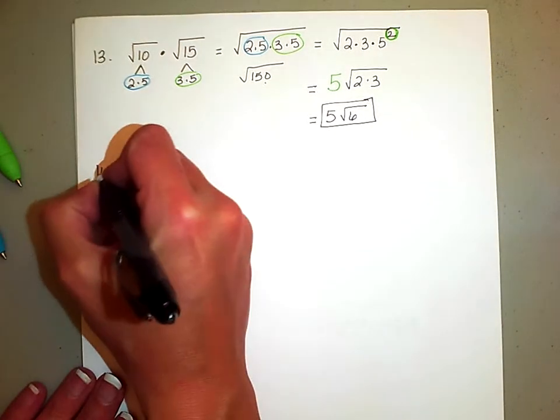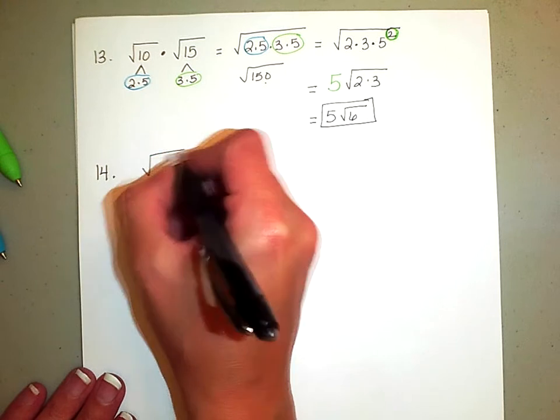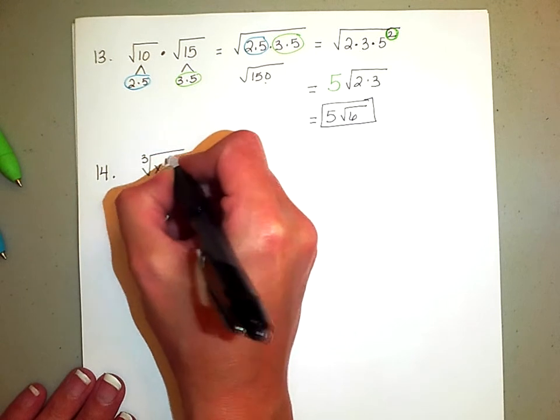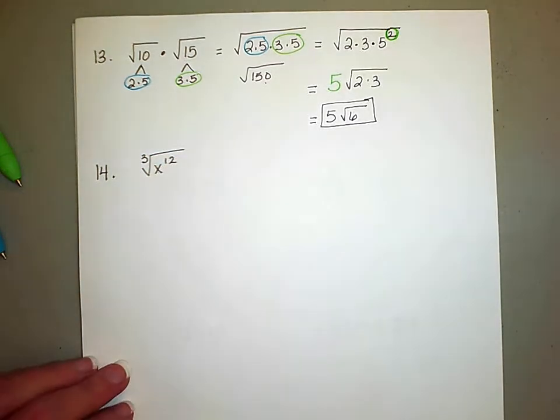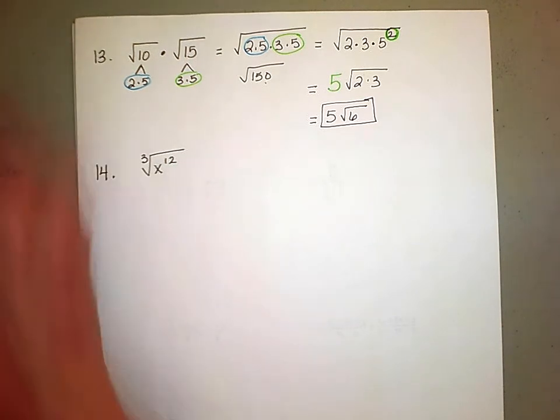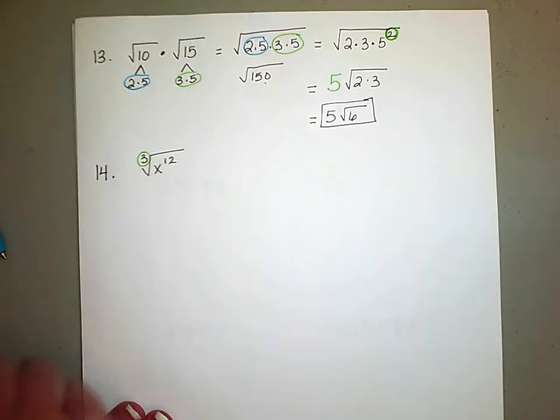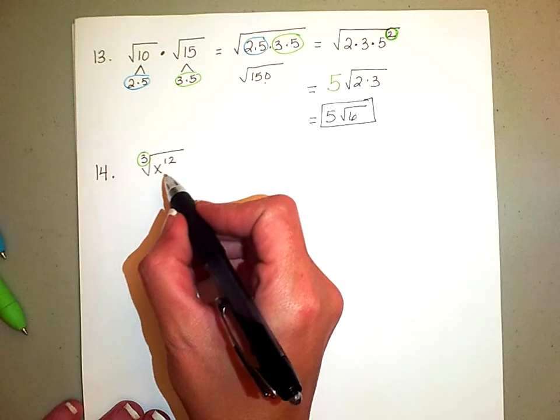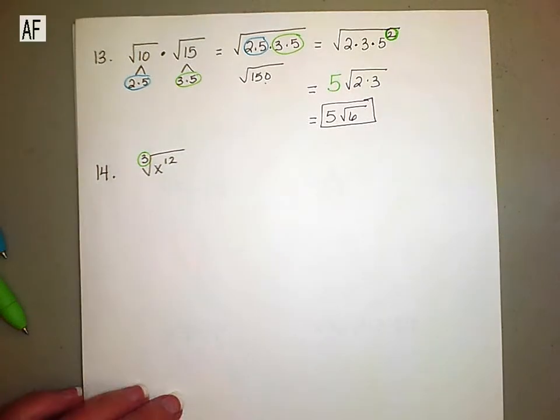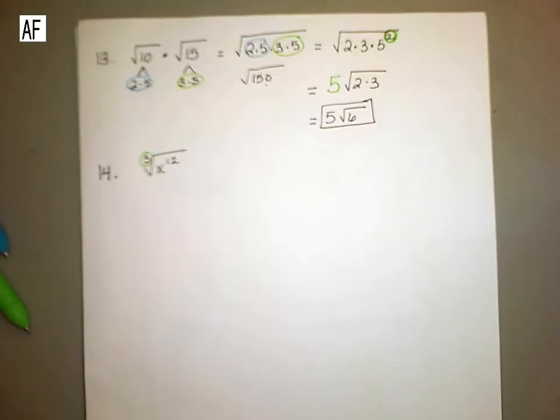In number 14, we could take the cube root of x to the 12th. So now our index tells us that we're looking for a group of 3. So let's try and rewrite 12 in terms of groupings of 3.